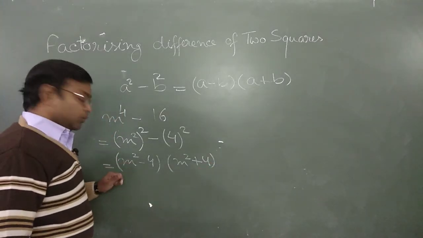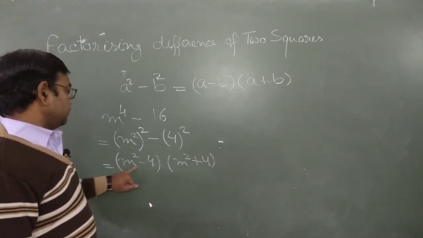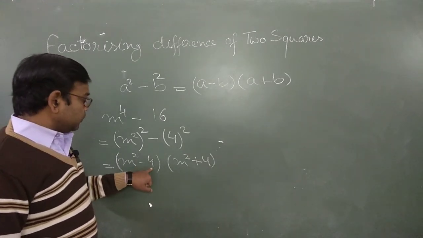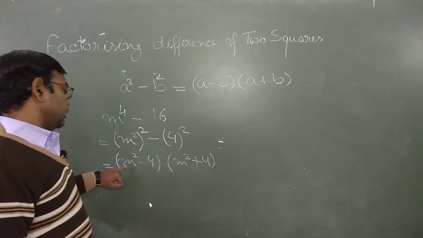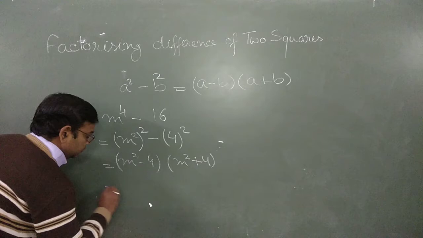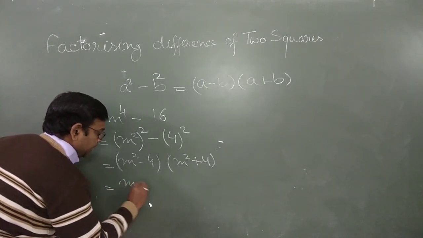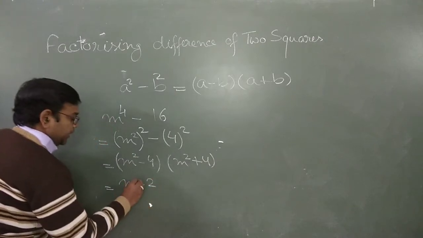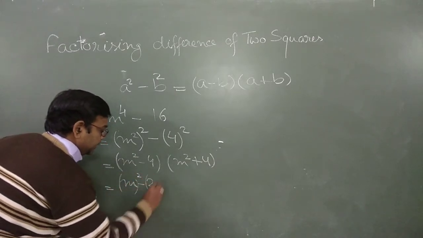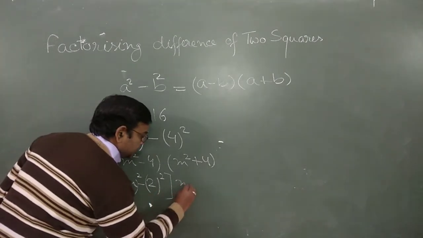Again, if we observe in this case, it's m square minus 4. Square root of 4 is 2 and square root of m square is m. So again we can write it down as m square minus 2 square, and this part is outside.